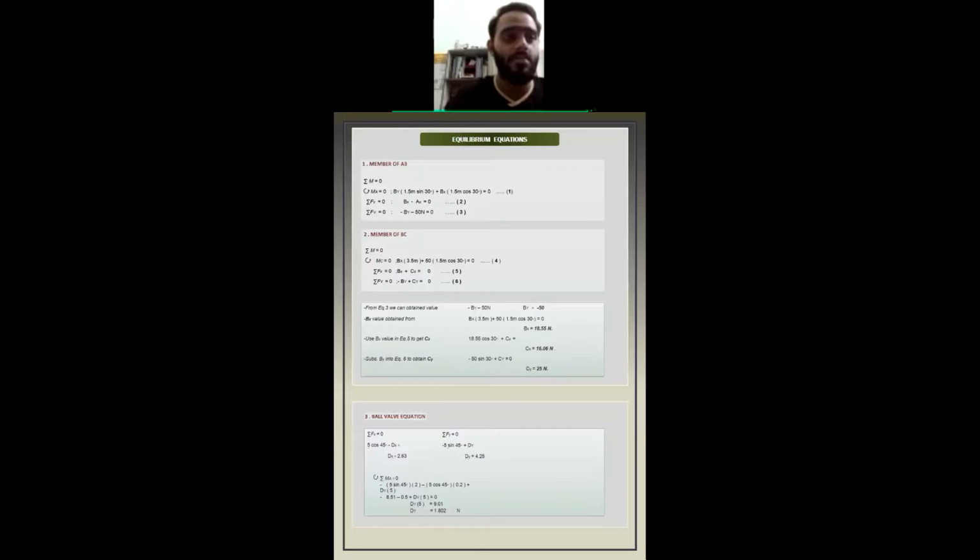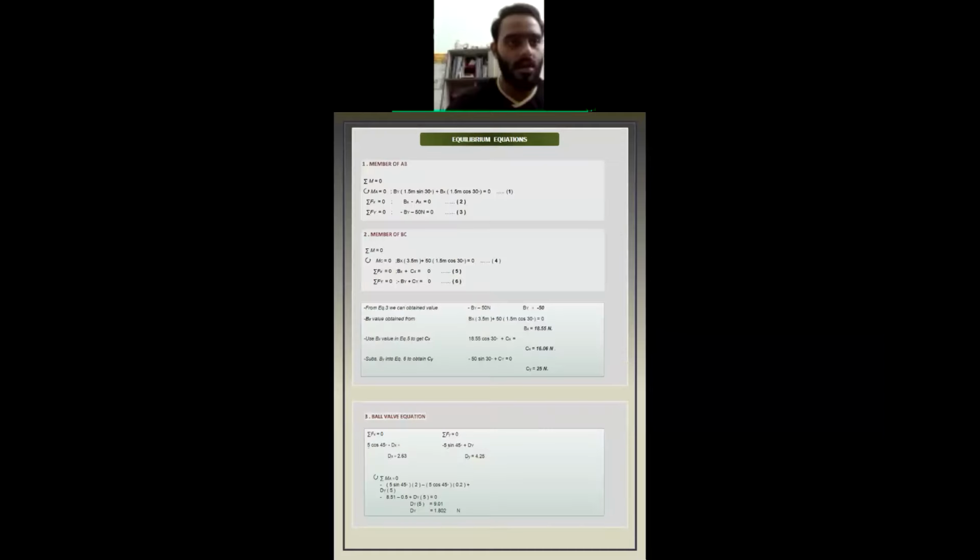We are taking x minus Ax, and the third one is Fy, negative dy minus. We use these three equations at first to find the moment, followed by member BC.